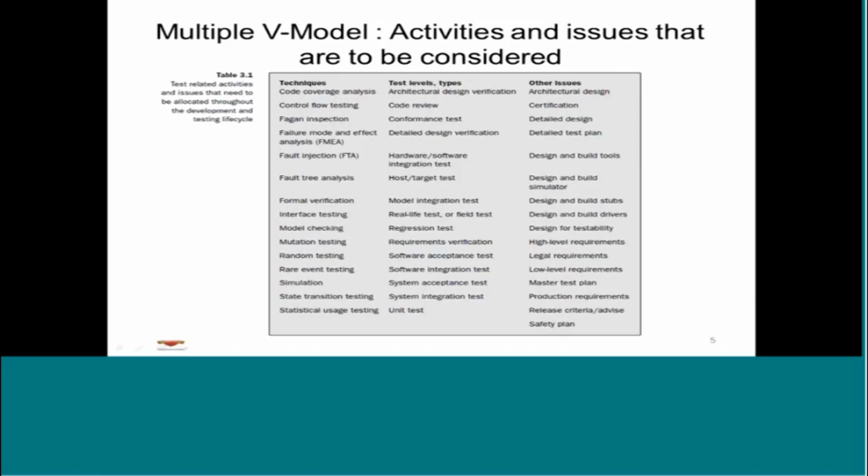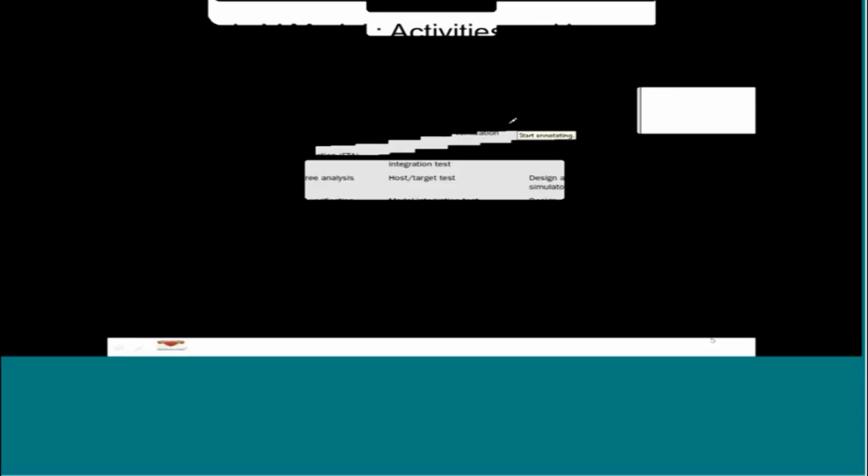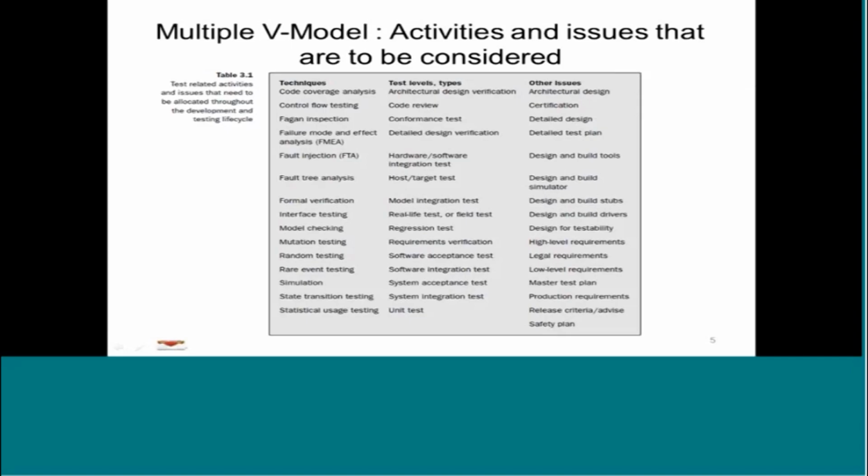Techniques. What are the techniques that should be considered for the multiple V model? This is specific to the multiple V model. Code coverage analysis, control flow testing, inspection, failure mode and effect analysis, also called FMEA, fault injection, fault analysis, formal verification, interface testing, model checking, mutation testing, random testing, rare event testing, simulation, state transition testing, statistical usage testing.